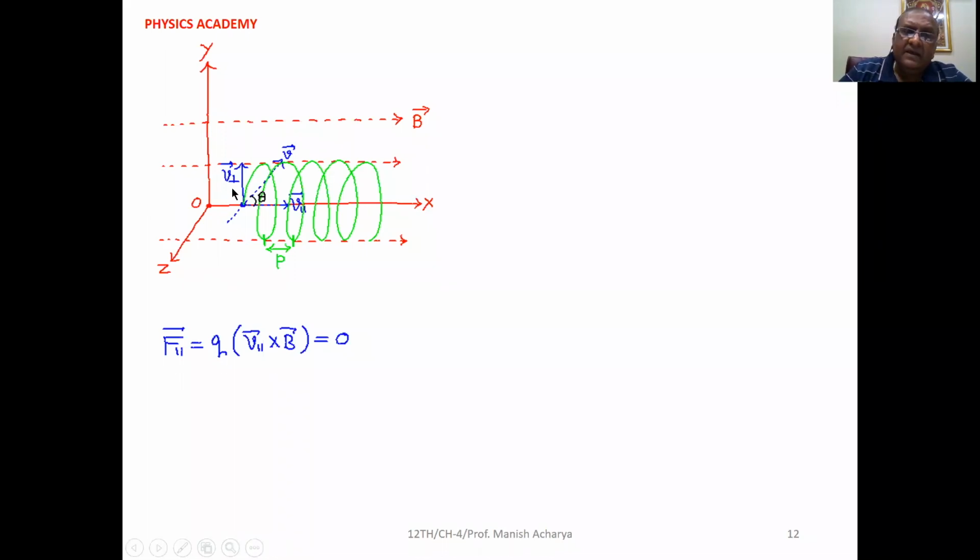But if we consider this component v perpendicular of the velocity, which is perpendicular to the magnetic field, then in previous theory we already discussed this thing. If velocity and magnetic field are perpendicular, then particle will execute the circular motion.